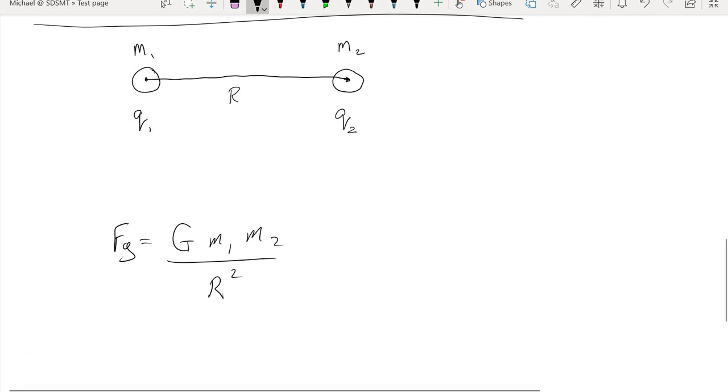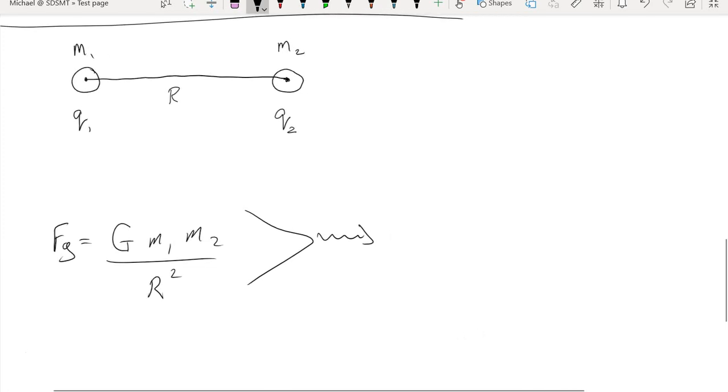And Coulomb looked at this and said, well, is there a way that we could rewrite this expression not for mass but for charges? One thing that Coulomb found was that the more charge a given particle had, the more of a force relationship that would be registered.